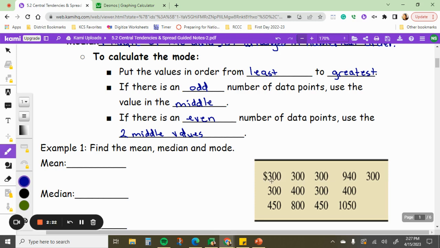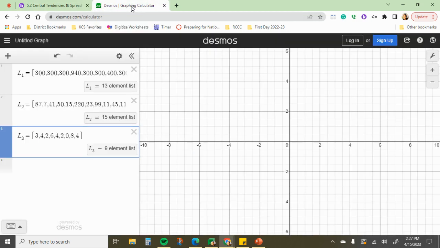I just need a list of these numbers in Desmos. I named that list of numbers L1. So I typed in L and then 1, and Desmos wrote it this way. Equals, and you want to type a little square bracket, and then type each number separated by a comma. So that's going to be my list.